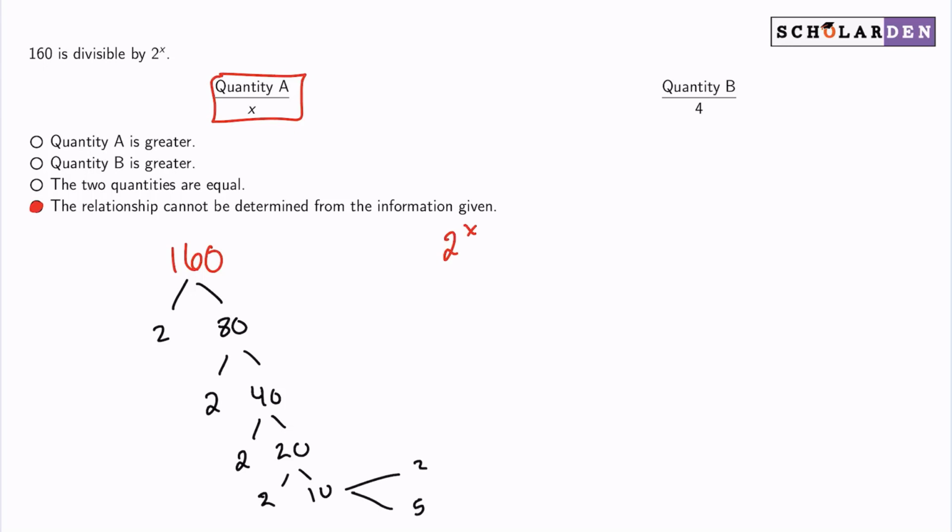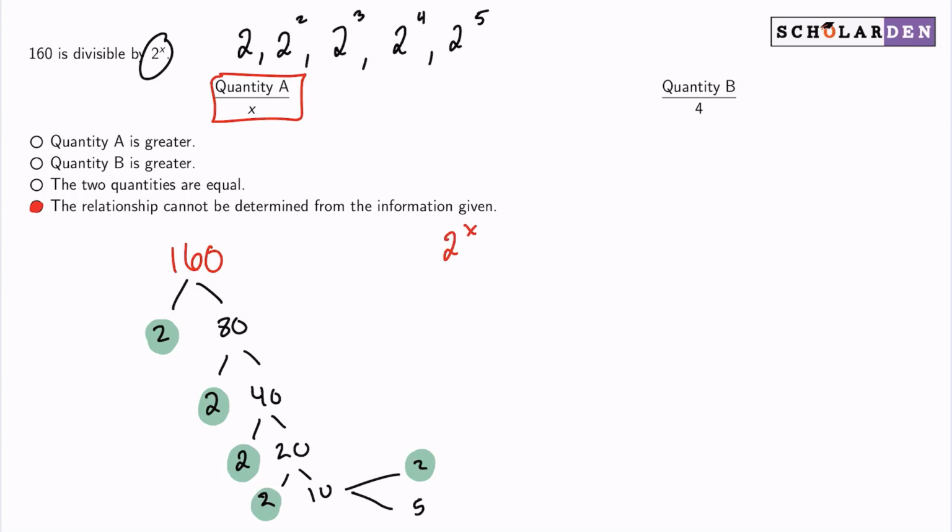So notice how we have 1, 2, 3, 4, 5 2's, which means that it's divisible by anything from 2 to the power of 1, 2 squared, 2 cubed, 2 to the 4th, or 2 to the 5th. These are the 5 possibles in terms of the factors of 160 that are powers of 2.